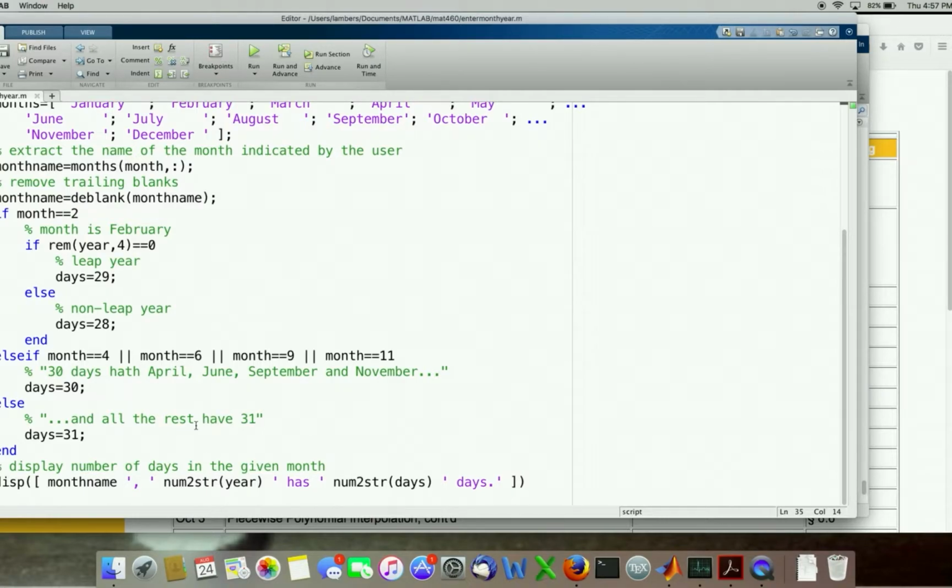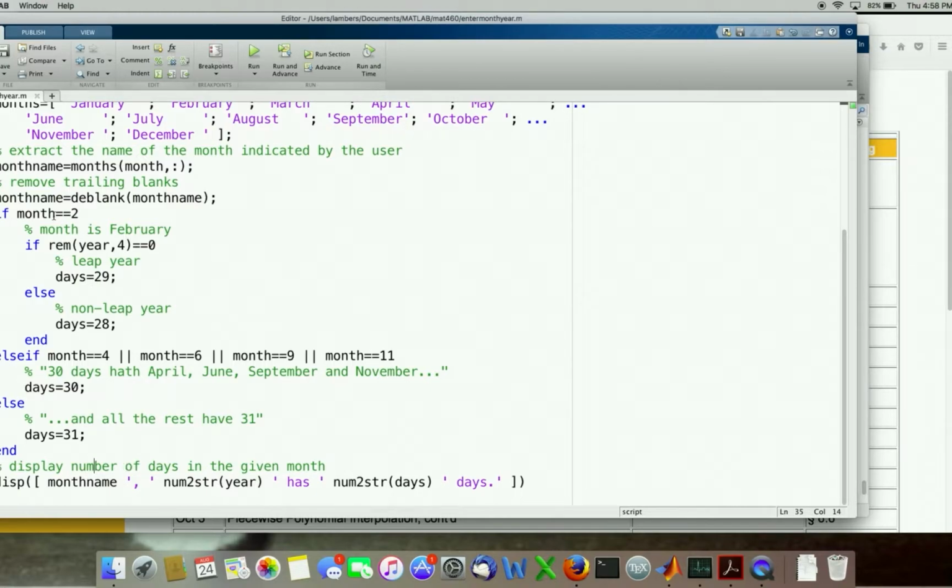But I want to call your attention to the spaces in between these items. You can also put commas. For separating entries in a row vector, you can use spaces or commas. Commas might be best because at least it's unambiguous, because if you have mathematical expressions with spaces, Matlab might interpret them incorrectly.